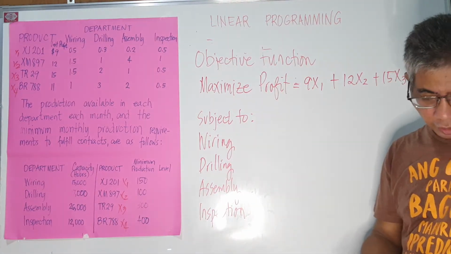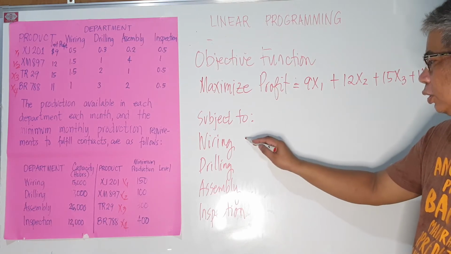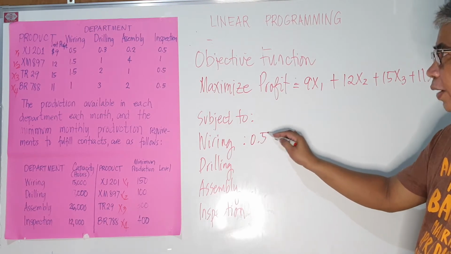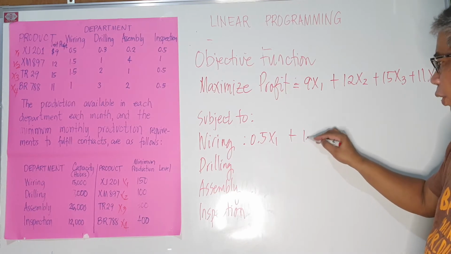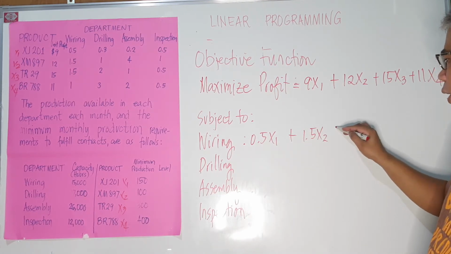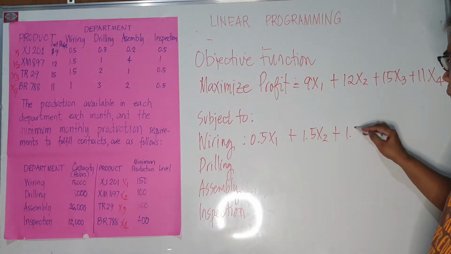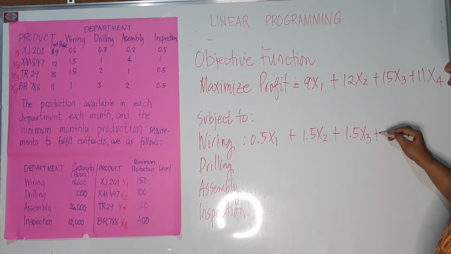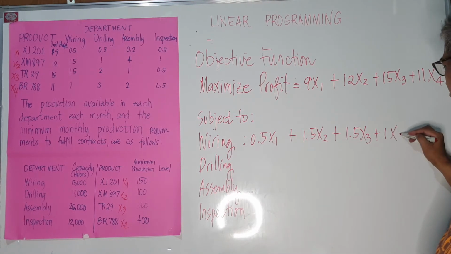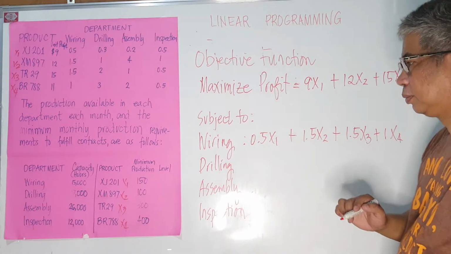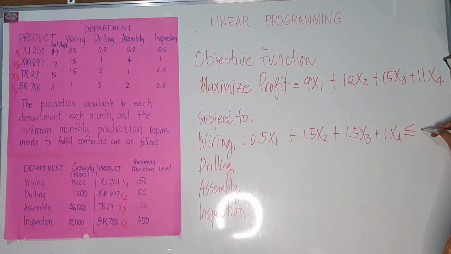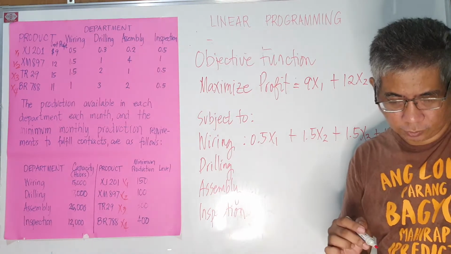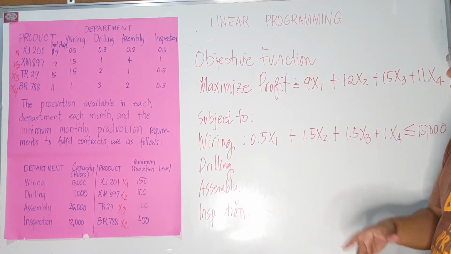So, for wiring, so, 0.5 x1 plus 1.5 x2 plus 1.5 x3 plus 1 x4 should not be what? Greater than or equal to 15,000. Okay? Hindi dapat hihigit sa 15,000.